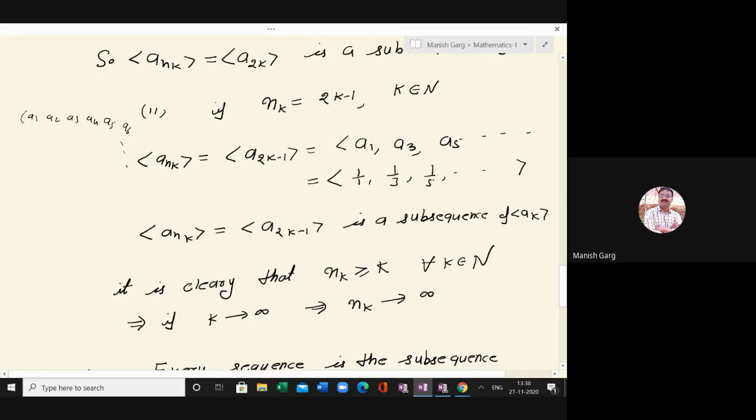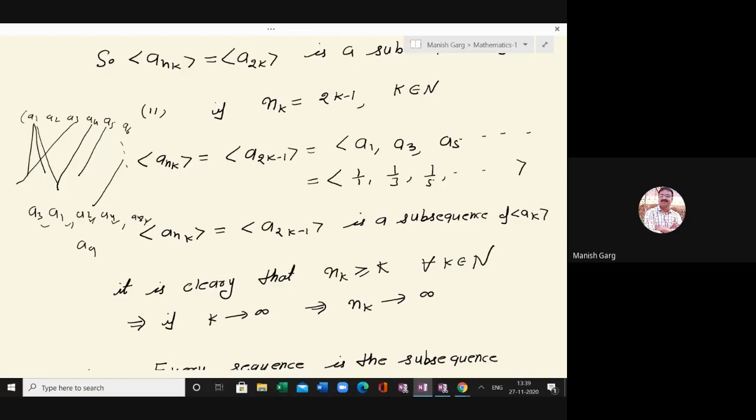You are taking terms here, this one, this one, this one. It is not that first you took A3, then wrote A1. It cannot be in a subsequence. A4, then A8, then A9. Now these cannot be, 2 and 1 cannot be in this. They will be in order and increasing order.